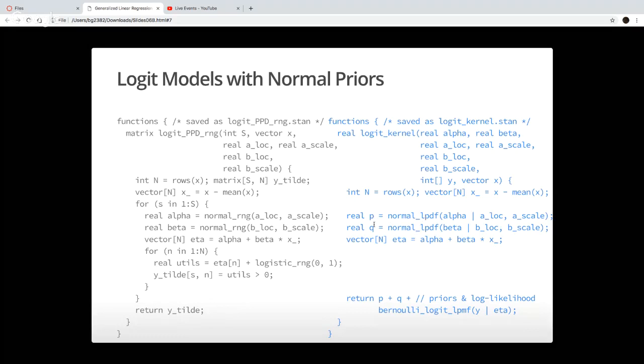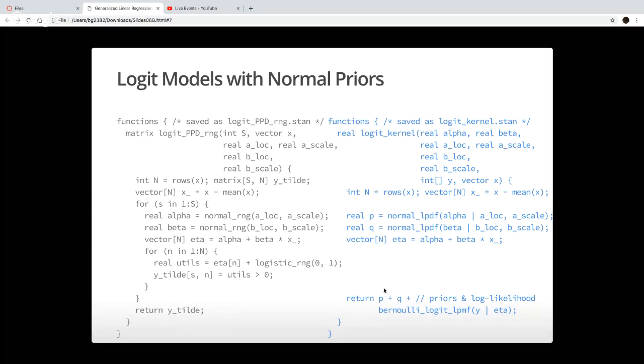I save them as P and Q just to use later. So these are values of the log density for alpha and beta given the A location and A scale, B location and B scale, etc. Then I form eta again using the intercept and slope and my centered predictors.